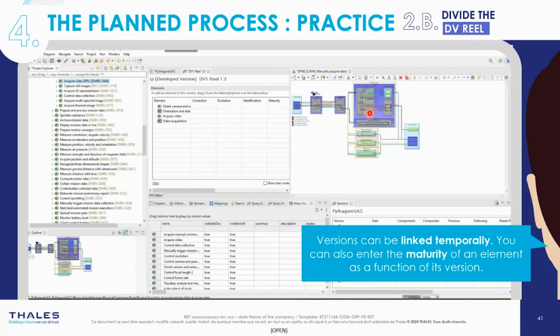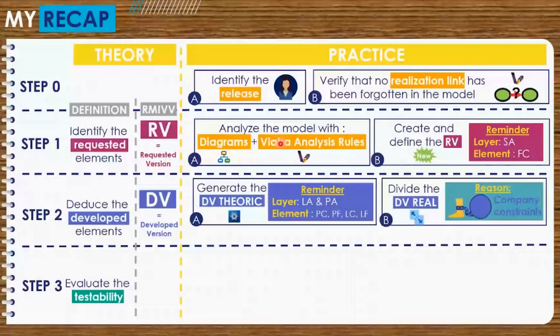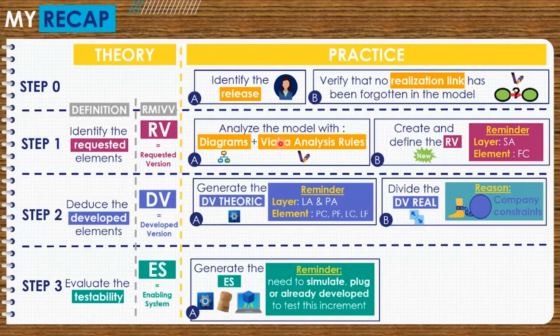And you can also enter the maturity of an element as a function of its version. So here there is a possibility to enter the maturity of the elements. There is one more step to consider, and that's the testability. So our step 3: RMIVV simply looks at the elements that have exchanges with other functions or components.